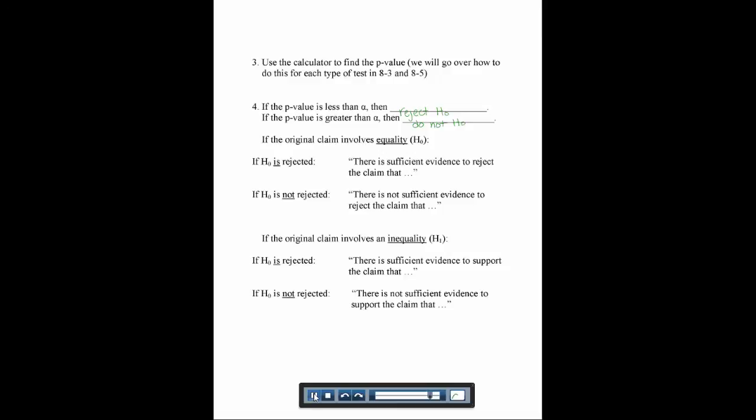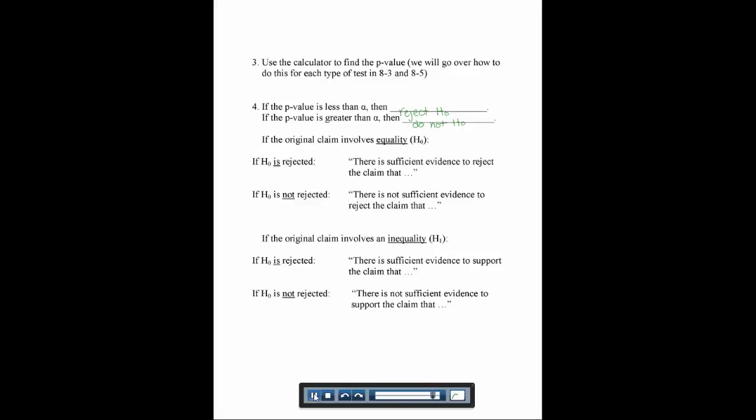Once we've tested that, then we can make our final statement. Once we've decided, do we reject H0 or do not reject H0? If our original claim was the null hypothesis and it was rejected, we would say something like, we reject our claim. If it was not rejected, we would say, we do not reject our claim. Now, most of the time, your original claim is actually going to be your alternate hypothesis.